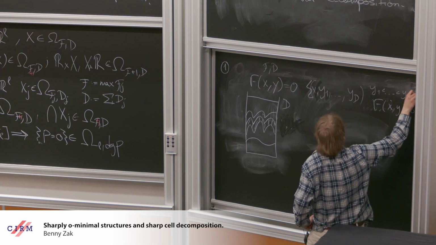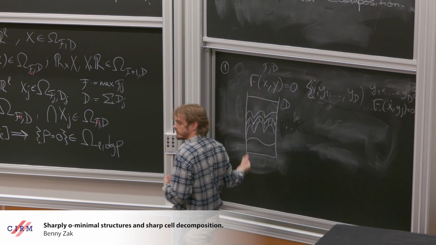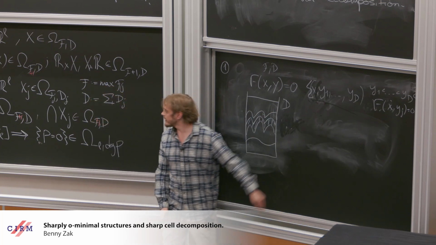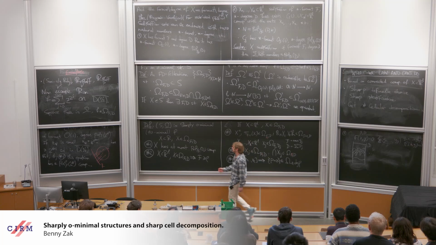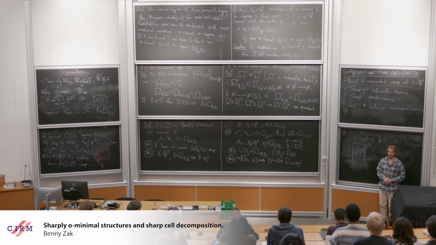If you want to order the roots of this equation, you can't. This set has D variables, and thus its format is going to be at least D. And when D enters the format, you've lost. You want all the bounds to be polynomial in D.